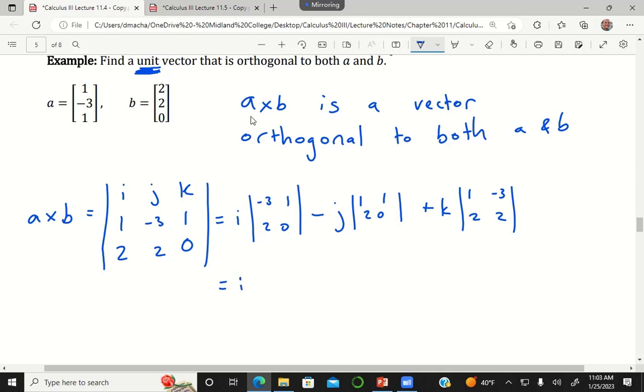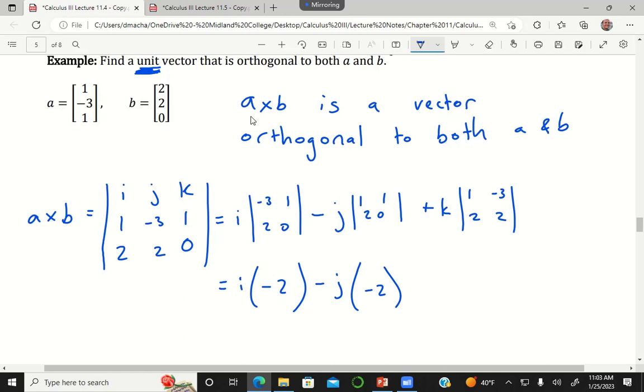What is the determinant of this first 2 by 2 matrix? -2, because it's -3 times 0 minus 2 times 1, and then I have minus j times what's this determinant? -2.